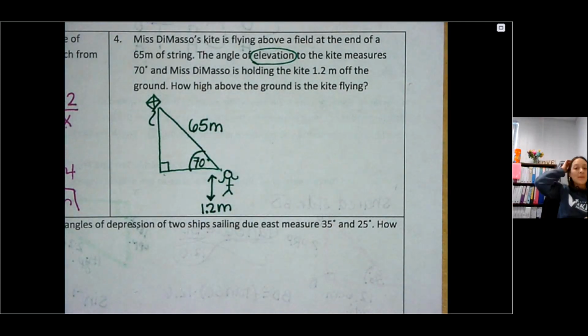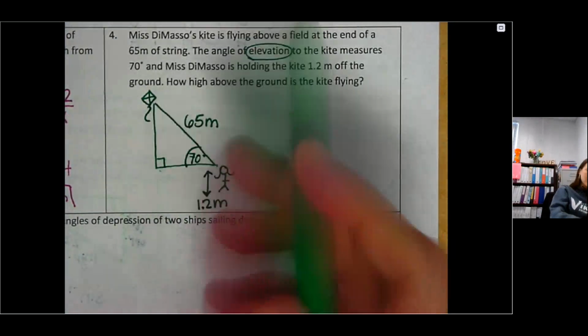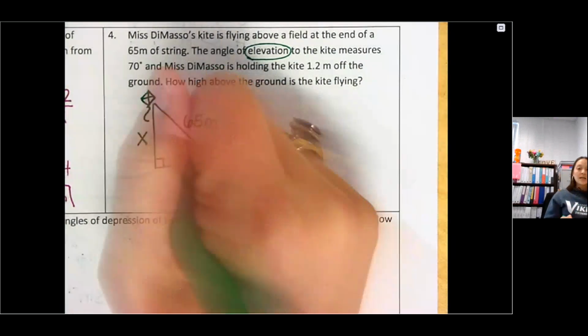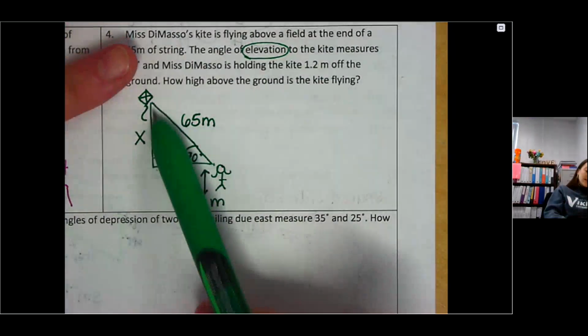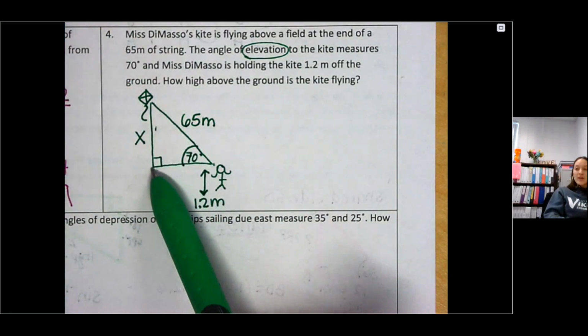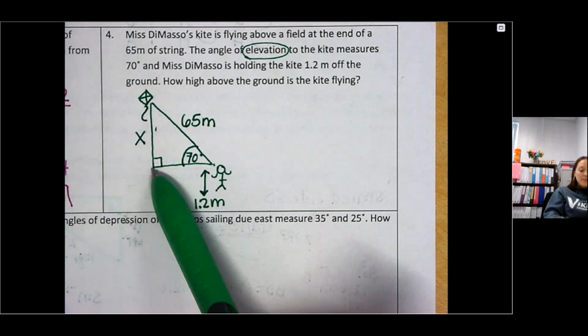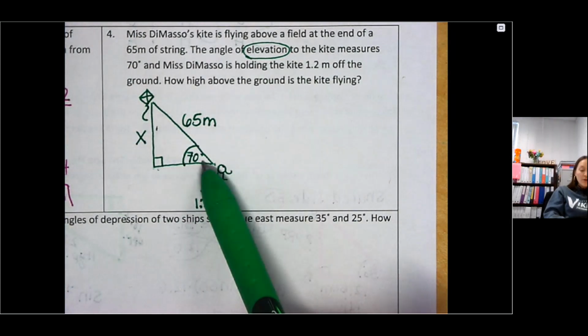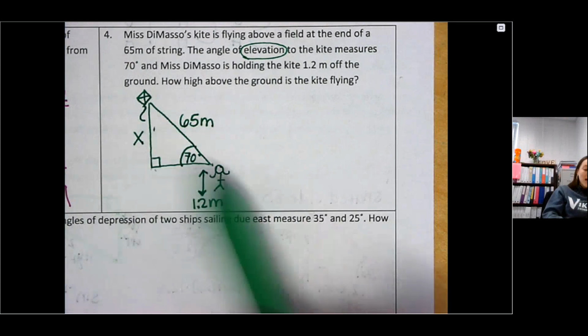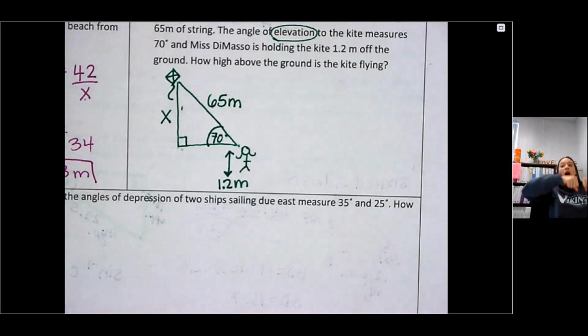I want to know how high above the ground the kite is flying, so this is the height I'm looking for. I'm going to find this height using regular trig, but then the trick is I'm an additional 1.2 meters off the ground, so after I find this height, I'm going to add in the 1.2 because that's an additional height up off the ground.